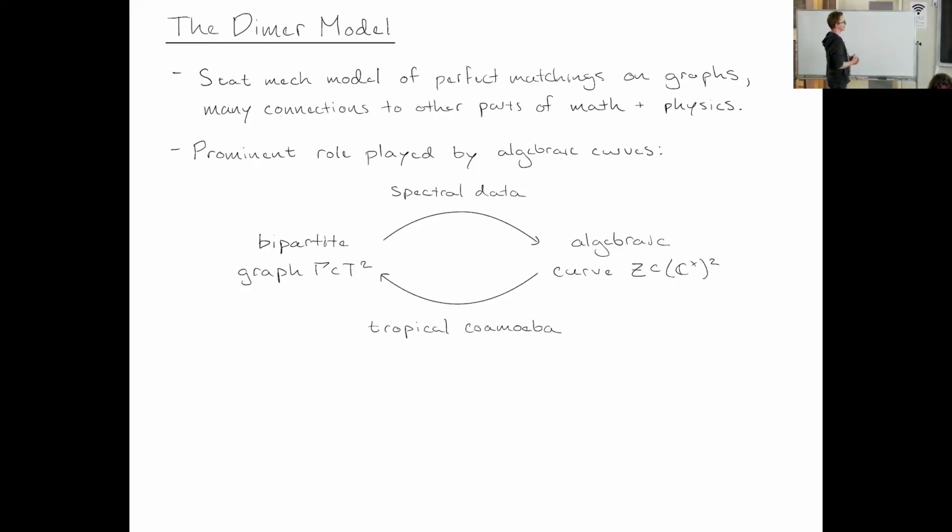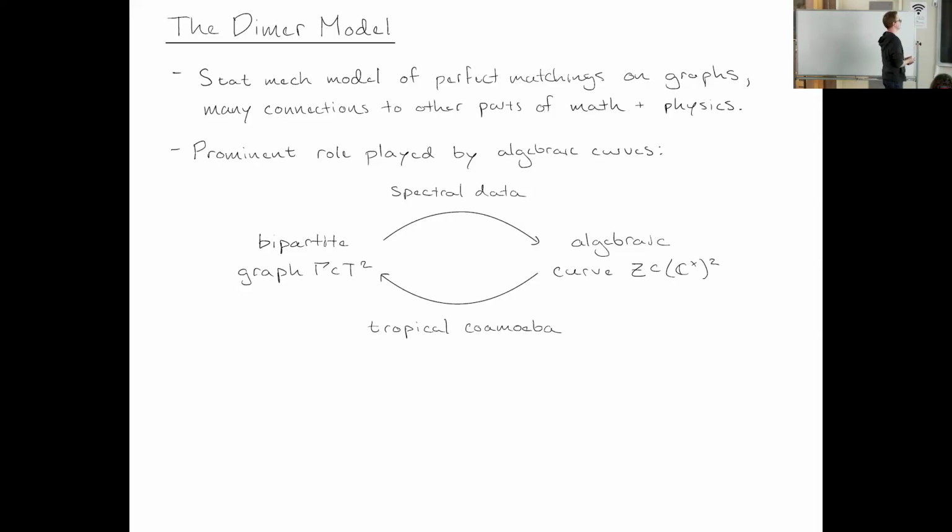And in good cases, if you look at a curve, its coamoeba, its image under this coordinate-wise argument map, will retract onto a bipartite graph in a visually reasonable looking way. And that has a number of implications for geometry related to that curve. So we'll talk about that later.